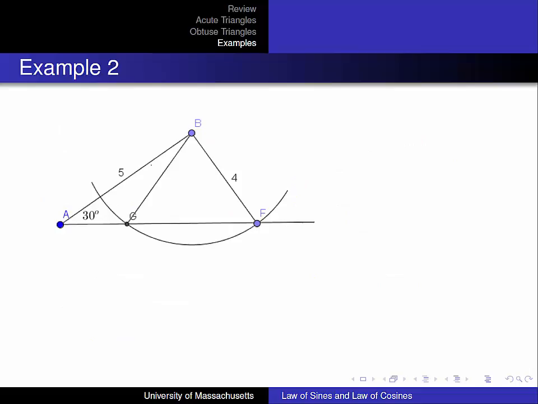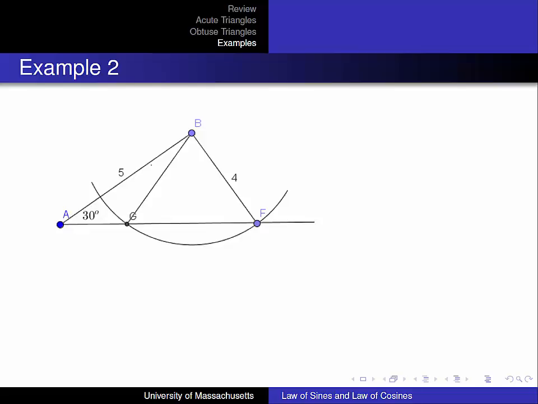Remember, in this problem we were given a triangle ABF, and we were told that angle A is 30 degrees. We were told that side f, in this case side AB, is 5, and that side a, or side BF, is 4. In this drawing, I just drew a ray coming out from point A, because we know that it's a 30-degree angle, but we don't know how long that last side AF is going to be.